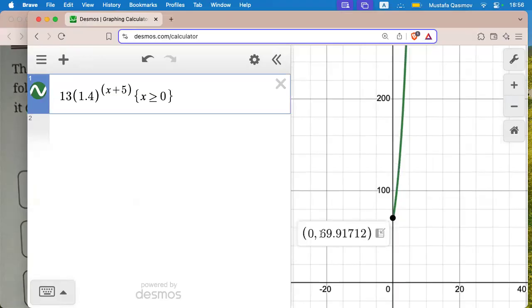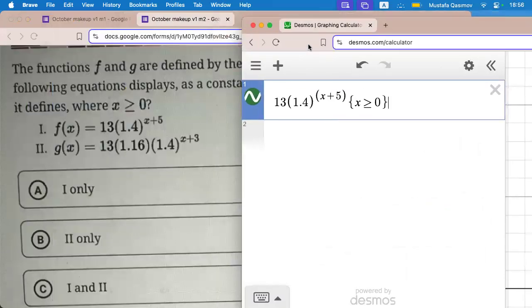Can we see this value here? No. We have 30, we have 1.4, we have 5, but we don't have 69.91. So it is not correct. We have to say it like this: this function doesn't display its minimum value as a constant.